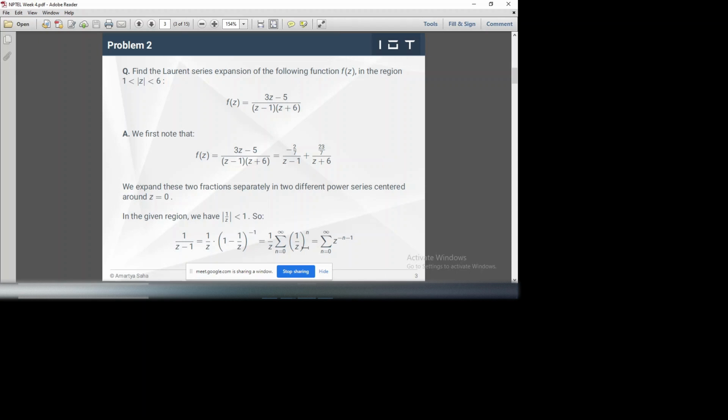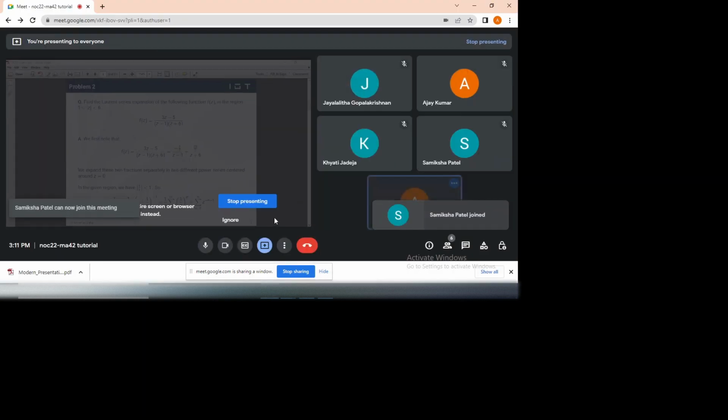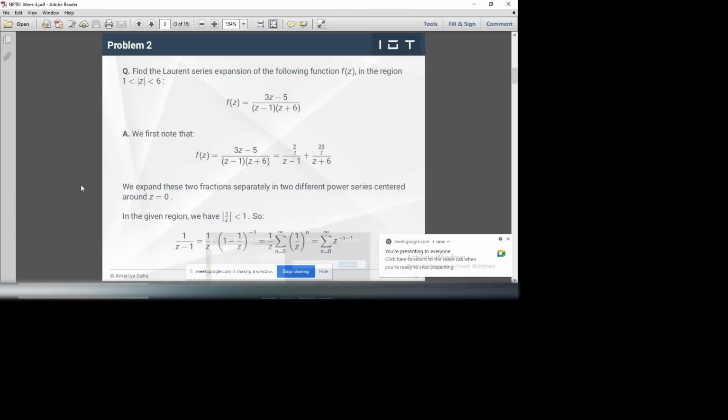Clearly this is the series 1 minus 1 by z to the power minus 1 is this thing. So clearly we all recognize this series to be this one, 1 by z to the power n.